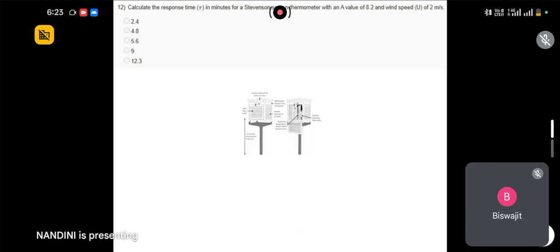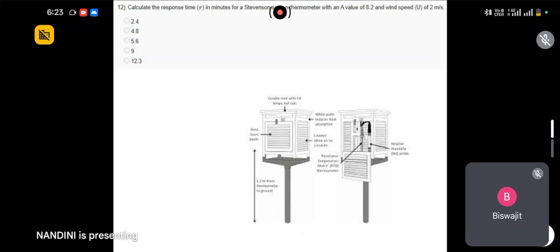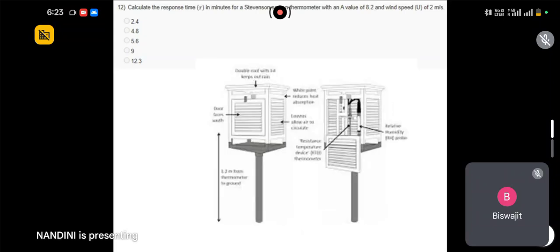So the measurements from automatic weather stations you will very frequently use. The Stevenson screen is actually a part of the automatic weather station, a wooden box where we keep the thermometers.